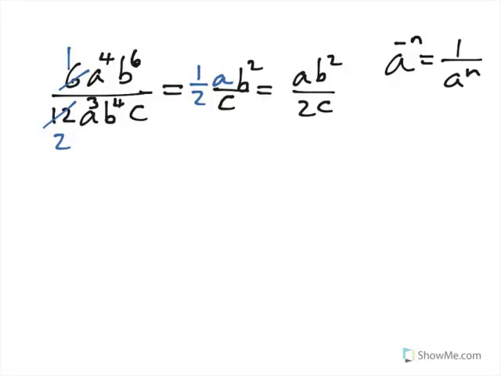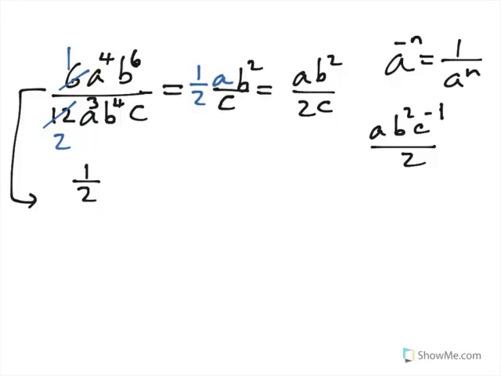And I said to you before that it could be written as ab squared c to the negative 1 over 2, and I said I'll show it to you here. Well, let's go back and have a look at this here. We have a half coming in. We have a to the 4 divided by a cubed is a. b to the power of 6 divided by b to the power of 4 is b squared.